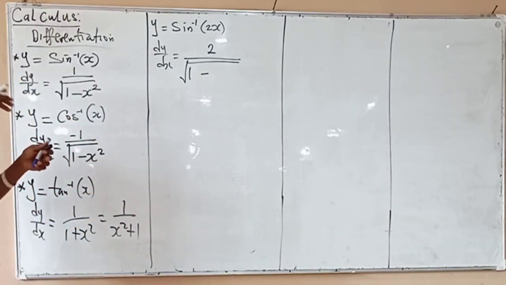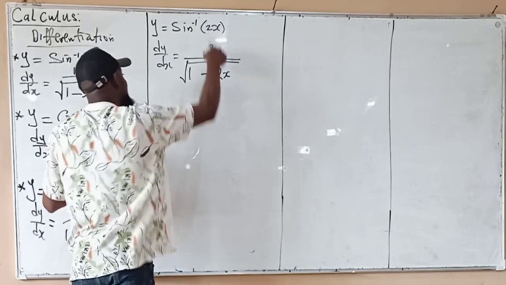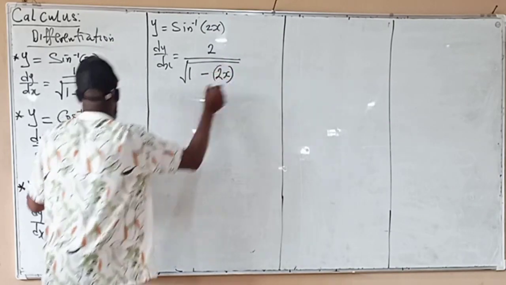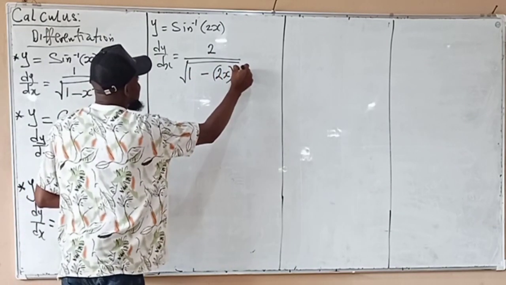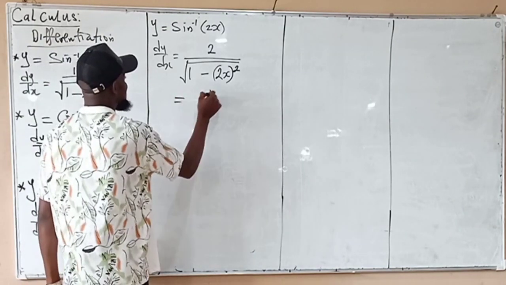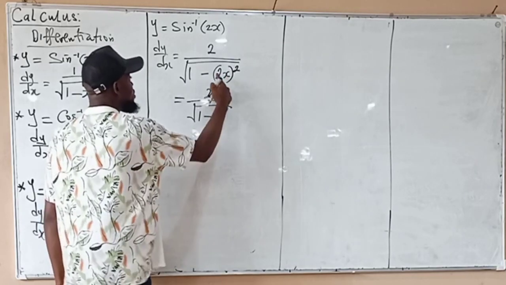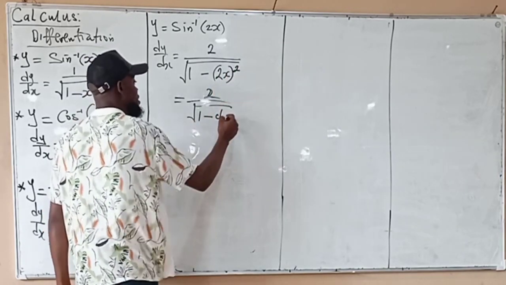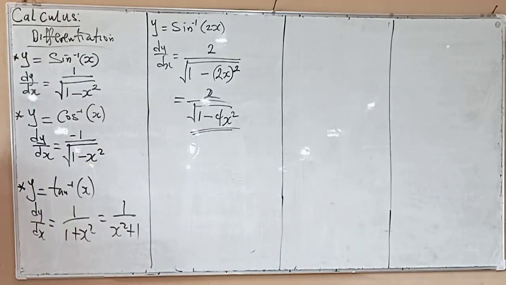What you are going to do now is put 2x here, and the same thing here, but you are going to square it. That will be the answer. So this is how we roll through the inverse function. We're going to have 2 over the square root of 1 minus what? What is 2 squared? 4. So 2 over the square root of 1 minus 4x squared is the answer.